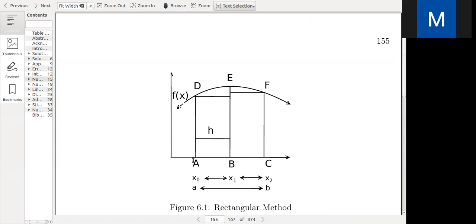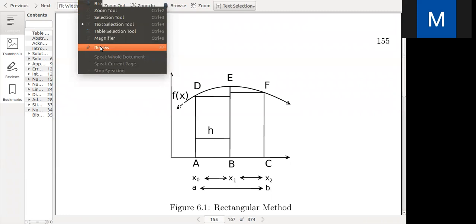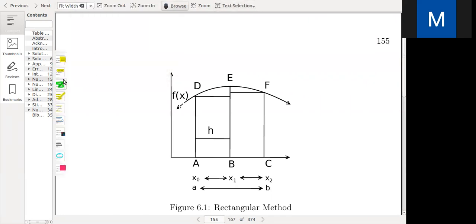One rectangle is ABDE. You can shift this point E here, so you can say ABDE. The other rectangle is BCEF. Just note that the area which is not exactly calculated, like this one, will be considered as an approximation error, because this area is not included in the rectangles.